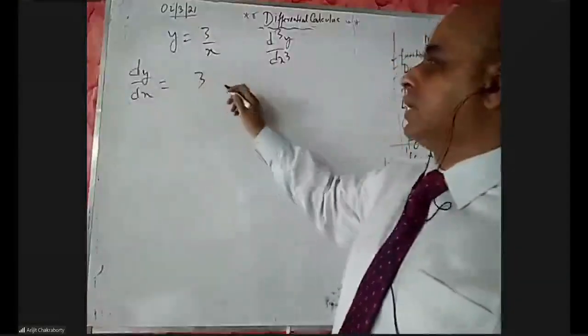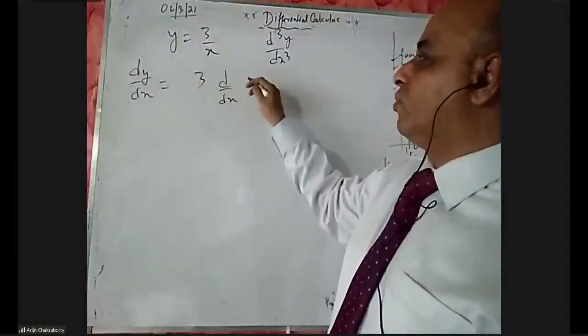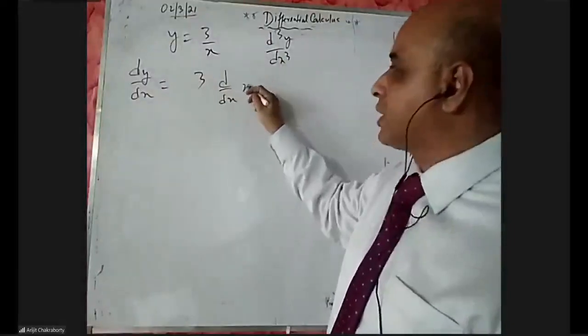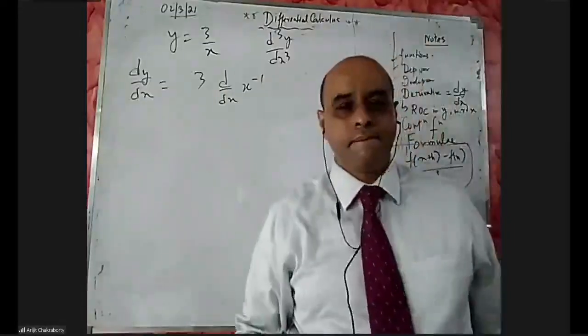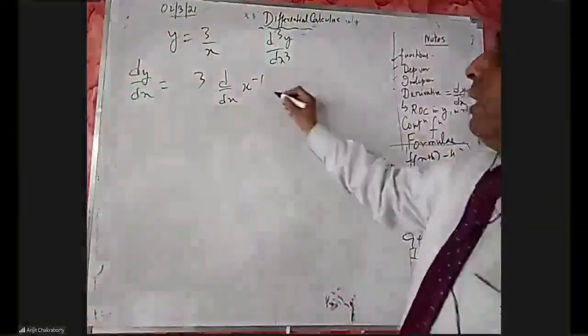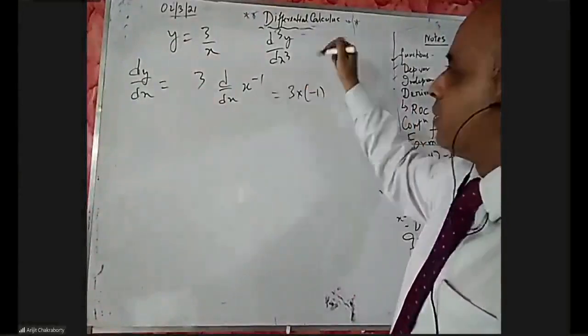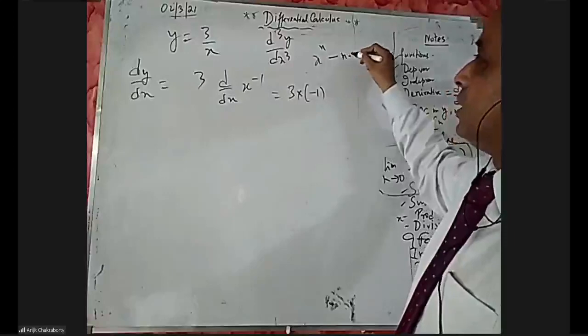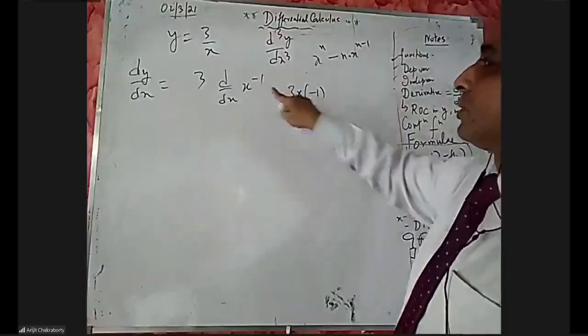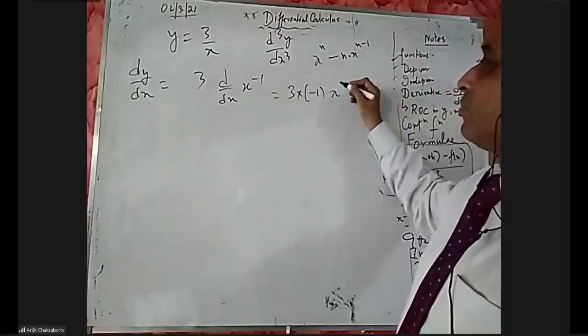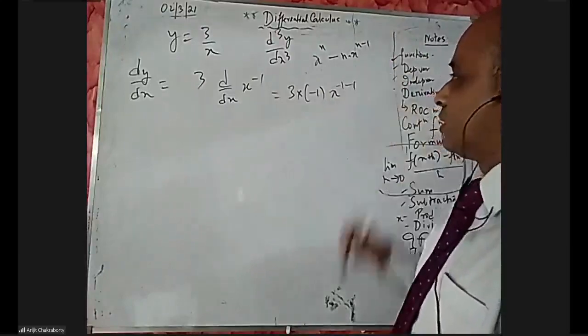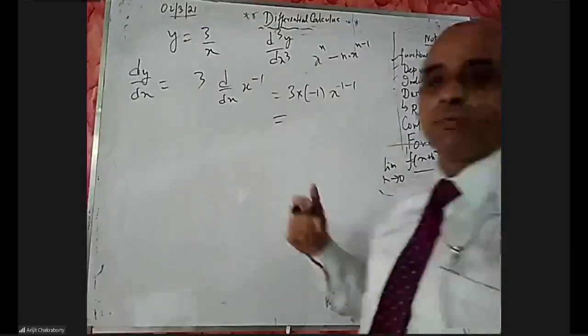I keep 3 outside, so I get d dx of 1 by x, that means x to the power minus 1. So this means 3 into minus 1, x to the power n. The answer is n into x to the power n minus 1. So this is minus 1 into x to the power minus 1 minus 1. Be very careful about the sign.